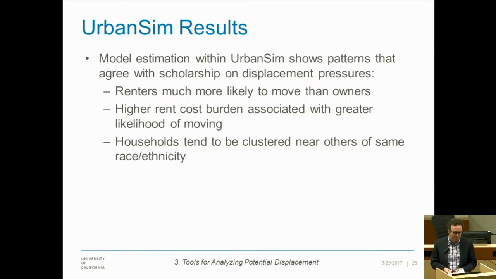It's things like renters being a lot more likely to move than owners, higher rent cost burdens being associated with a greater likelihood of moving, and households tending to be clustered near others of the same race or ethnicity. And seeing these small-scale dynamics in the simulation model makes us feel like at a first pass, the long-term forecasts are going to be capturing some of the dynamics that we're interested in here.